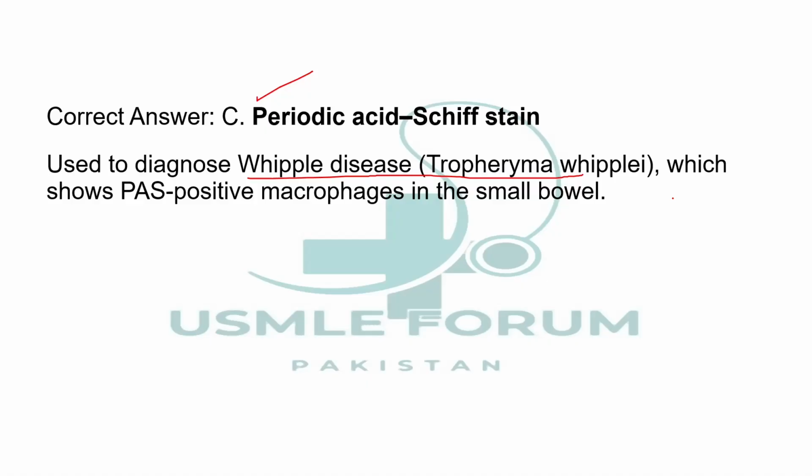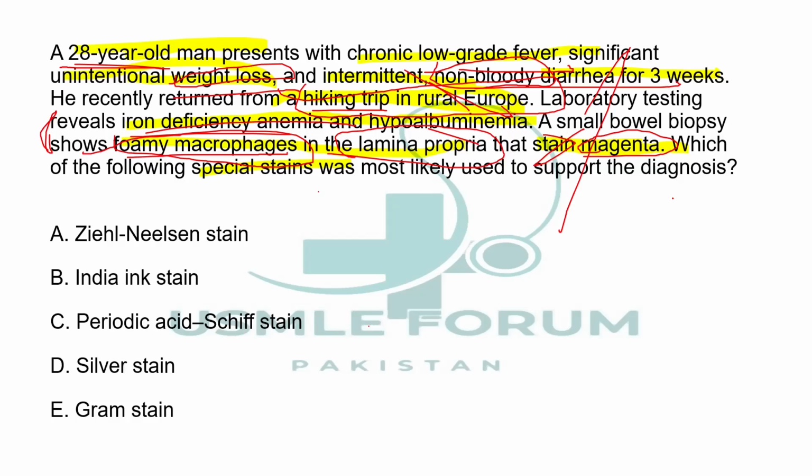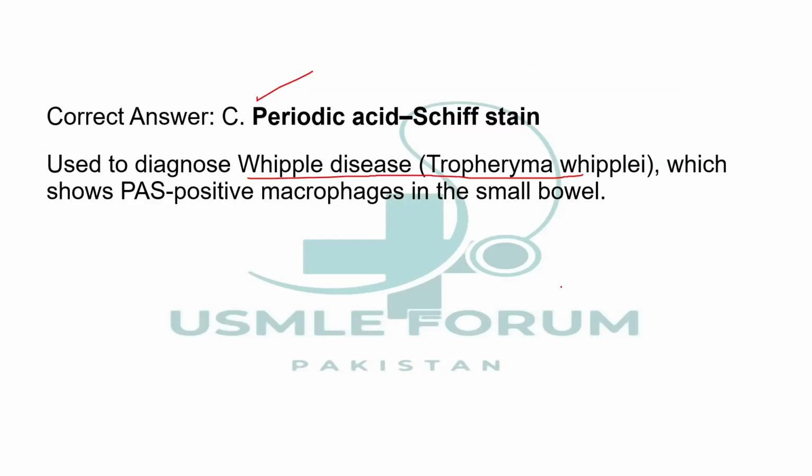This is basically a malabsorptive disease, so it can lead to many deficiencies, and can also lead to iron deficiency anemia. So you have to understand that foamy macrophages in the lamina propria are pathognomonic for Whipple disease, and the bacteria can be visualized by periodic acid Schiff stain. All right.